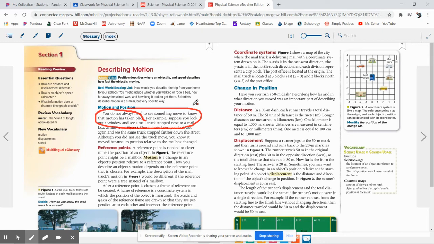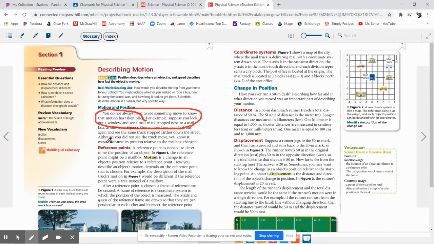In other words, if you ride the school bus to school, it drops you off in a certain spot. You come in the school, you don't see that bus move, but at the end of the day, when you get back on the bus to go home, it's in a different spot. We know motion has taken place. And that's what this is telling us. You don't have to see that motion happen to know that something moved, okay?